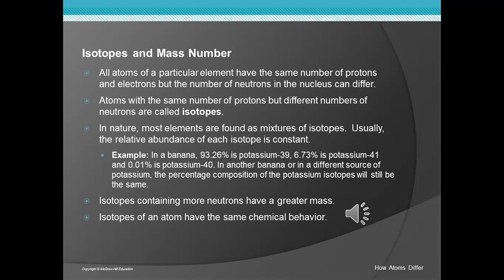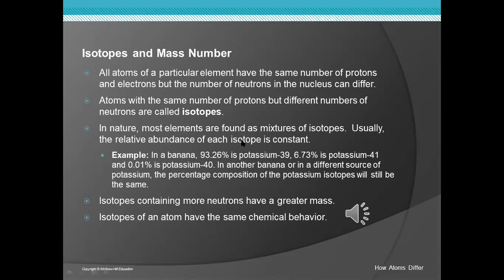So after this explanation, we observed that isotopes of an atom have the same chemical behavior, and isotopes containing more neutrons have a greater mass. So the difference between the isotopes of the same element will be in atomic mass, but atomic number is constant.